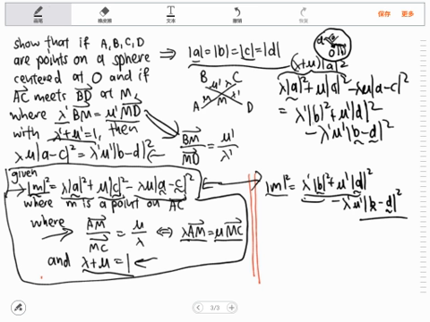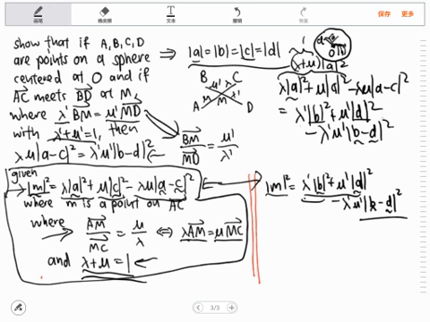Same thing here: I can change |B| and |D| to |A|. So λ plus μ, from the earlier part, we know equals 1. So the whole thing reduces to |A|².